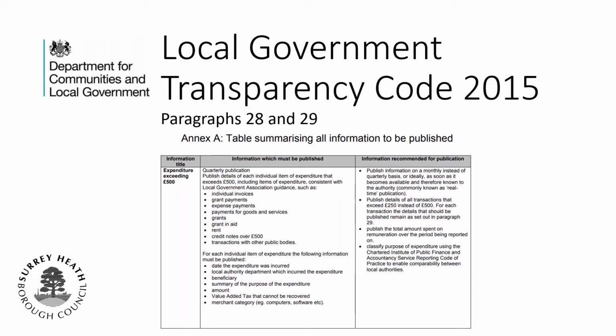It's just about regularly publishing data about expenditure. So anybody can hop on a council's website and see what's happening to their council tax, basically. And it should make everything more open, comparable, nice and transparent.